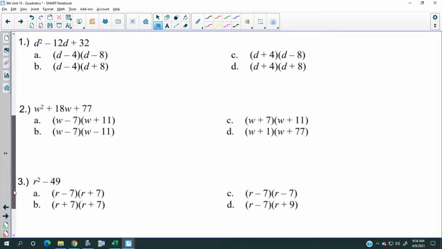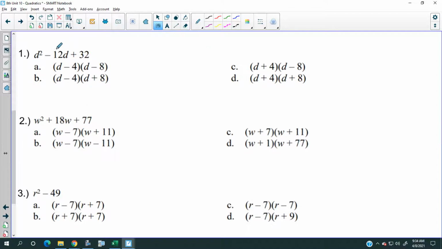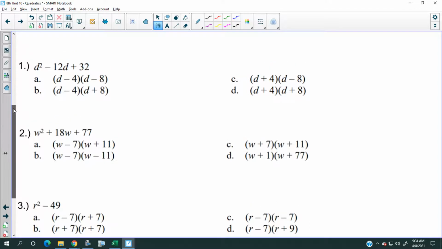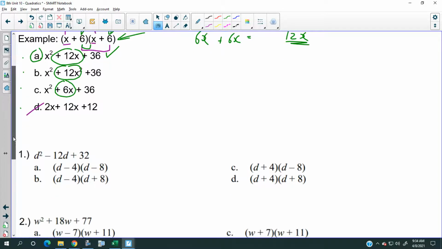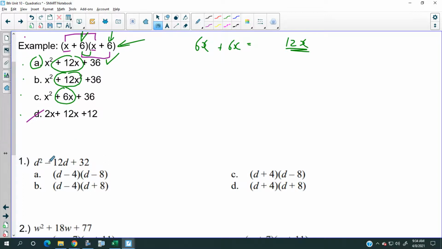Now, let's take a look at this one. This is a slight reversal of the original question, because the original question wants you to do FOIL and then pick an answer, whereas here I give you the answer and you have to go through the choices to find the question.